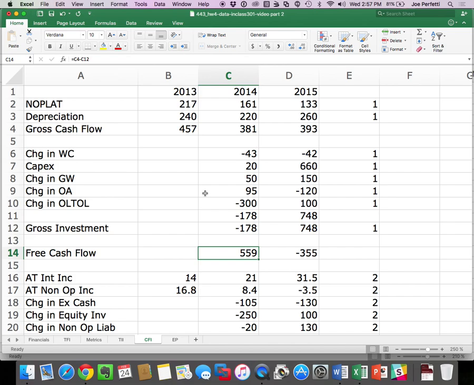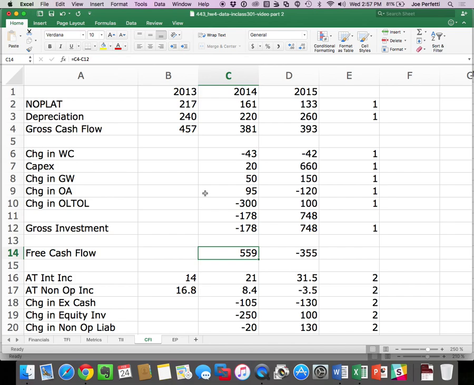Those are the other three parts of CFI. And that's the way I want you to think about CFI: at a very high level, there's three things you can do with free cash flow. When you have free cash flow, you can either put it into savings, excess cash, you can pay debt, or you can pay equity, or some combination of those three.